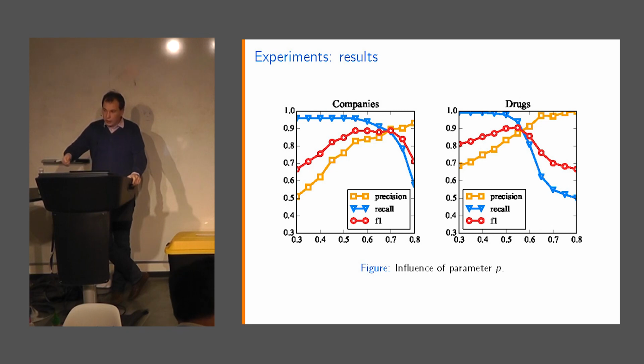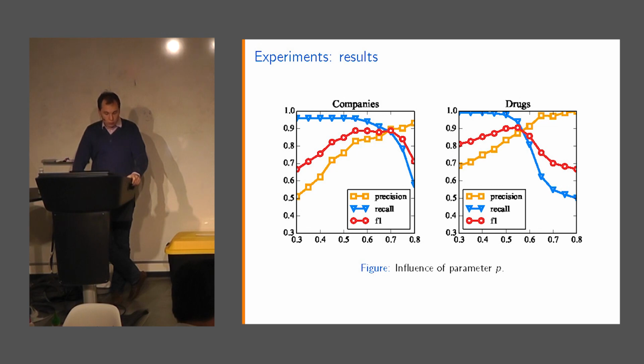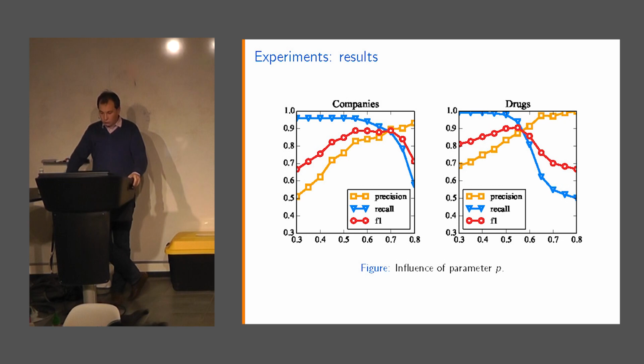So actually that's a way to choose the precision or the recall of your classifier. Sorry, just on that diagram, the axes themselves are representing P? So this is P against the precision, the recall, and the F1 score of the classifier. Do you have any questions?